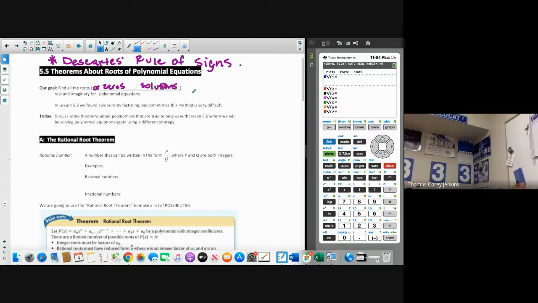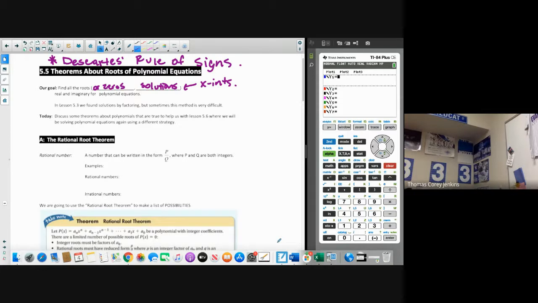And you could add to that x-intercepts. All those things go together. The reason they don't put x-intercepts is because that doesn't happen for imaginary solutions, but for real solutions, those are x-intercepts.